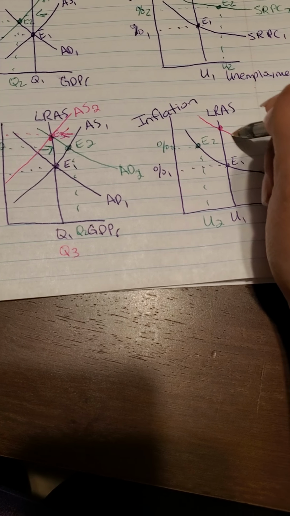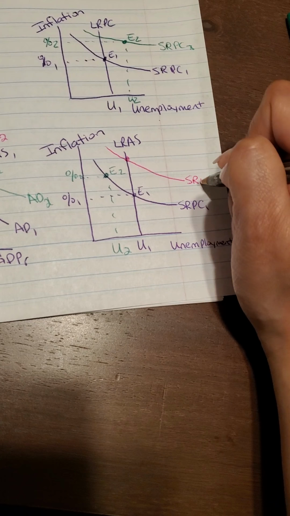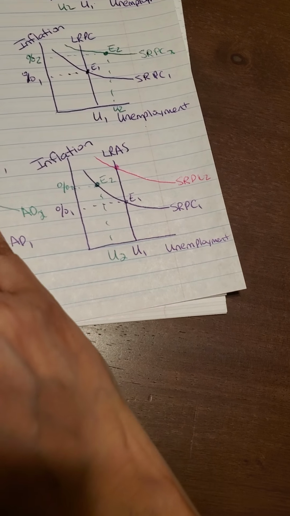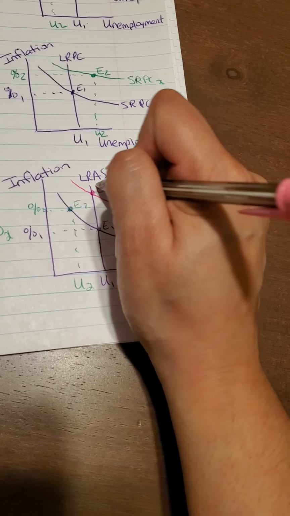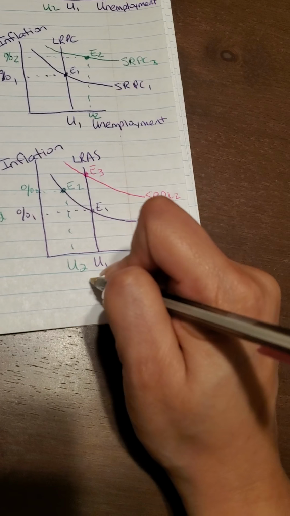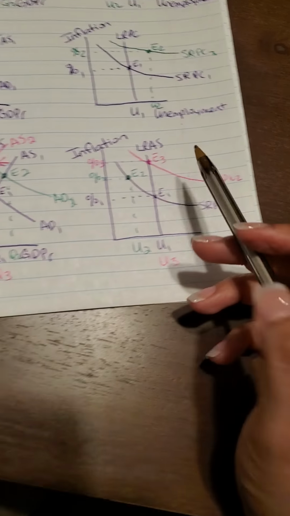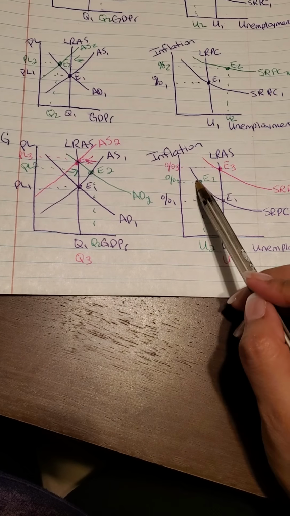So you have to draw a brand new short run Phillips curve. Okay, so label all your new points, E3, U3, and percent 3. So equilibrium, E1, E2, E3.